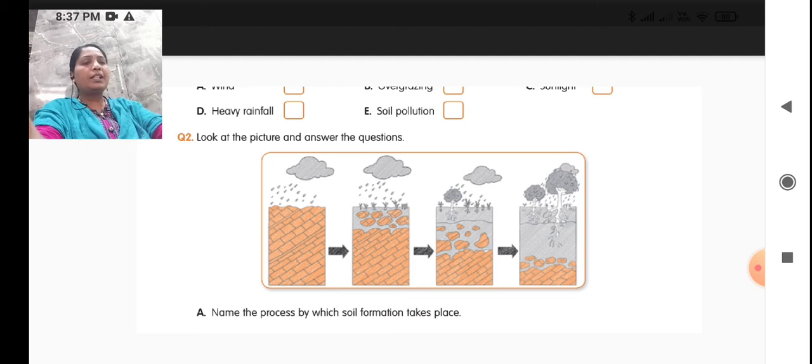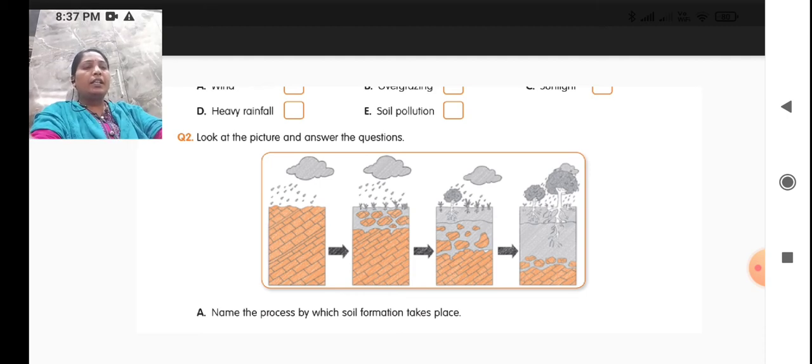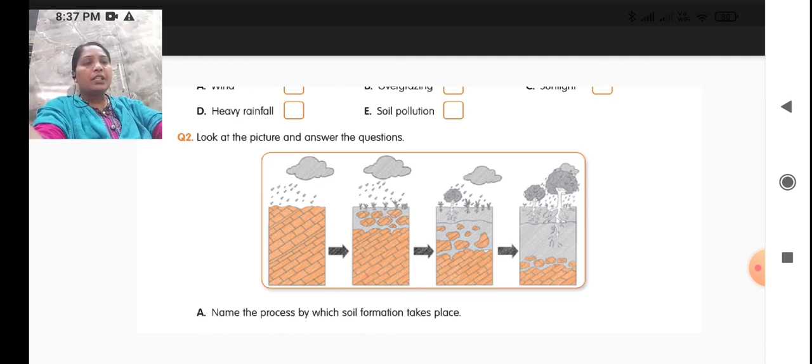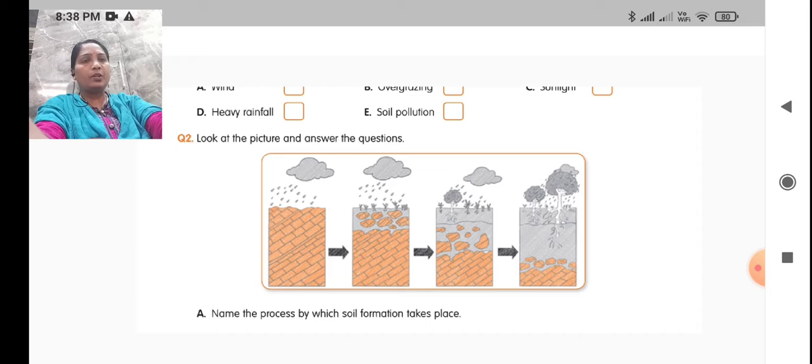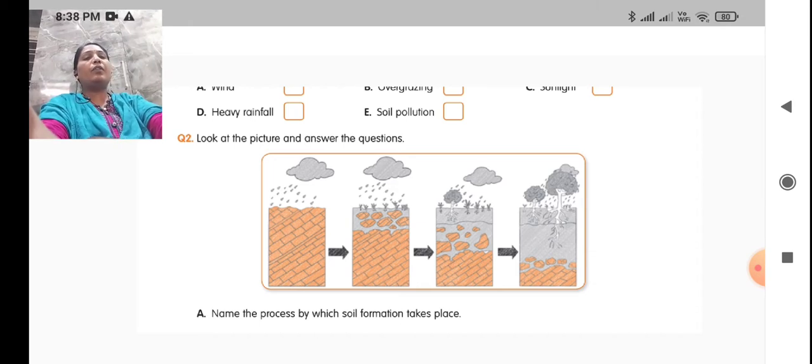Due to these cracks, the rainwater seeps through the rocks. Along with this, the formation of organic matter can also be seen. In the next picture, germination of seeds is taking place due to the formation of soil. And in the fourth picture, grown-up plants can be seen in the soil.